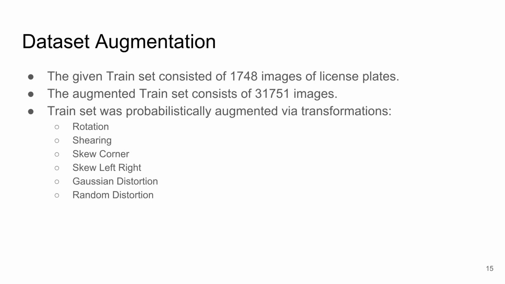So we thought of doing some data augmentation, and we did some probabilistic transforms. We ended up with a data set of around 31,000 images. We probabilistically do some rotation, shearing, skewing, Gaussian distortion, and some random distortion.